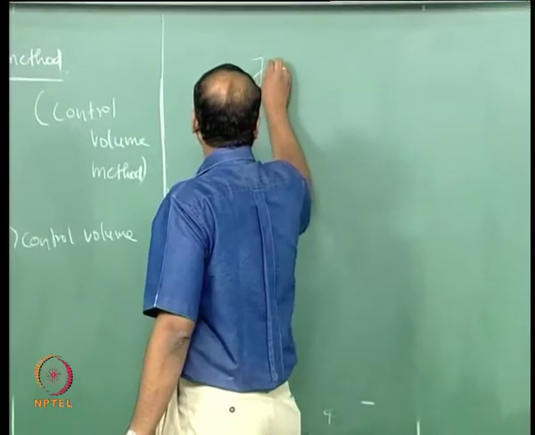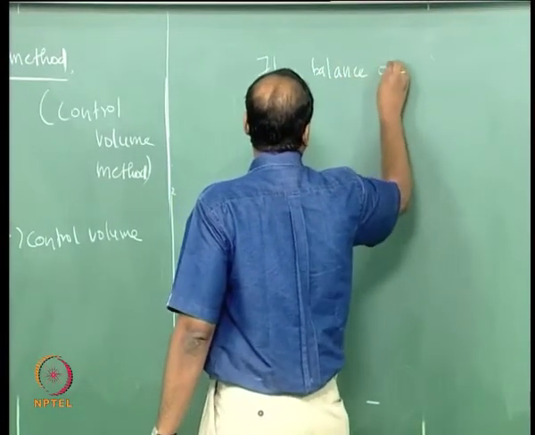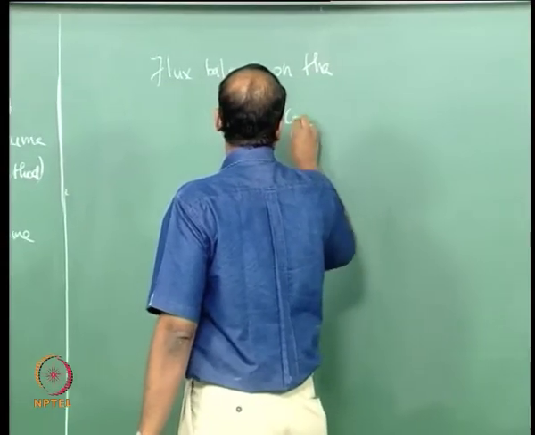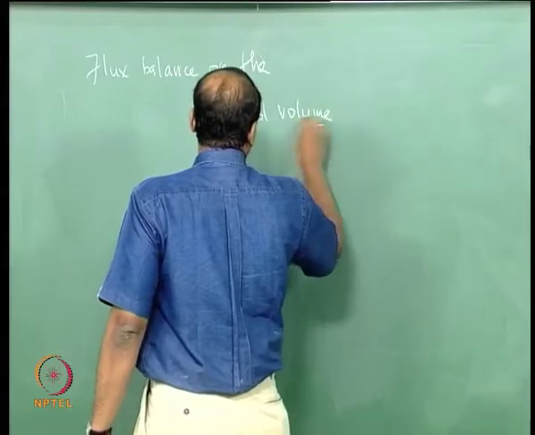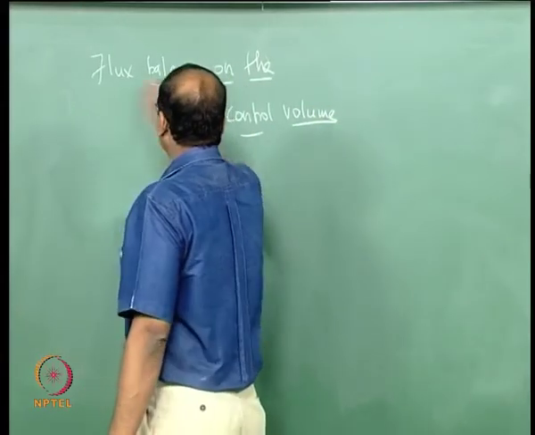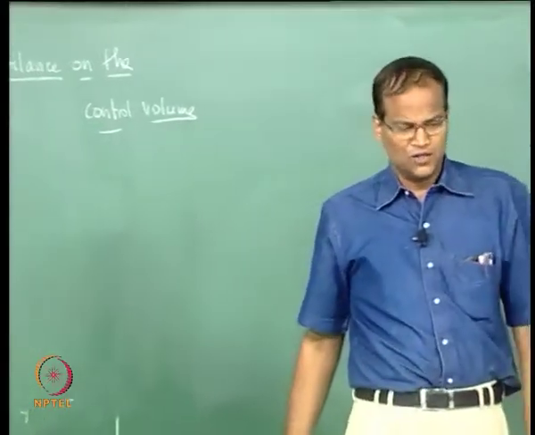Now flux balance. The control volume is infinitely deep in the direction perpendicular to the plane of the board, or you can assume it to be 1 meter.